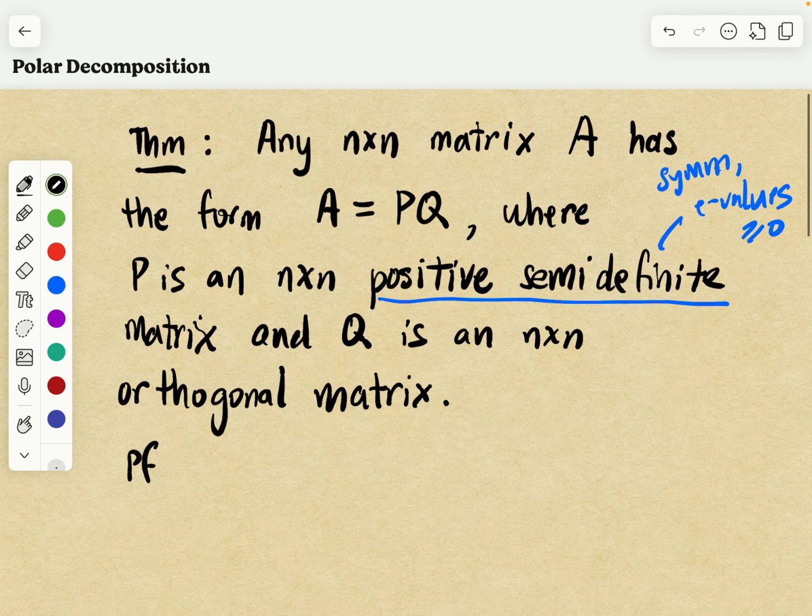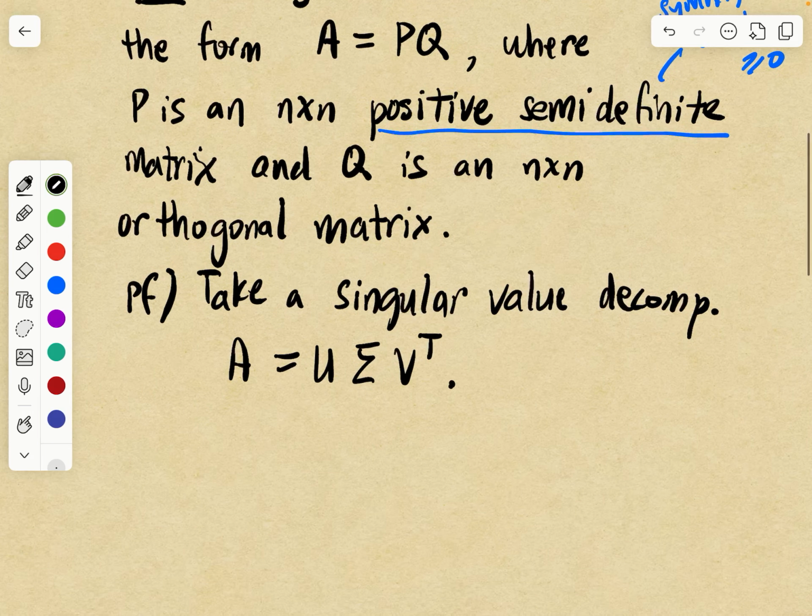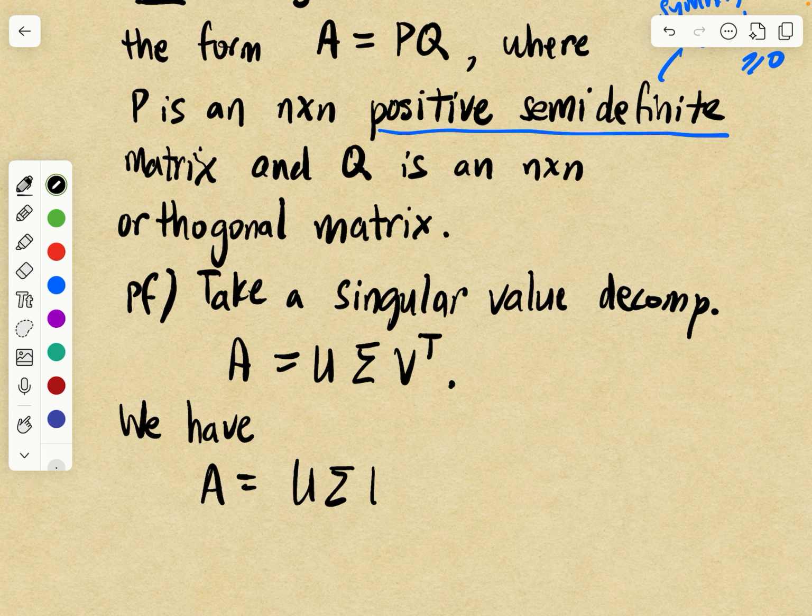And the proof of this actually follows quickly from the singular value decomposition. So the proof is, take a singular value decomposition of A, which is U times sigma times V transpose. Well, we can write A as U times sigma times U transpose times U times V transpose.